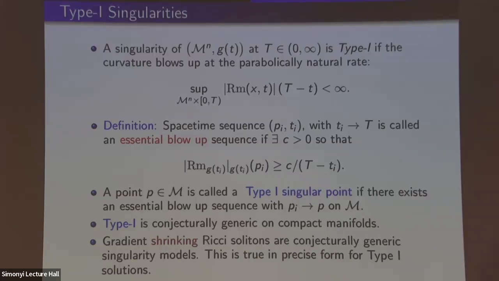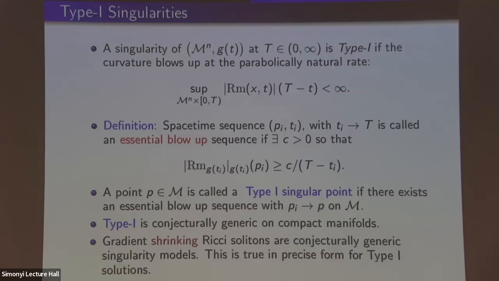And as I said earlier, this type 1, which we have on this slide, is conjecturally generic on compact manifolds. And the gradient shrinking Ricci solitons are conjecturally generic singularity models, as I said earlier. This is actually true in a very precise form for so-called type 1 solutions.